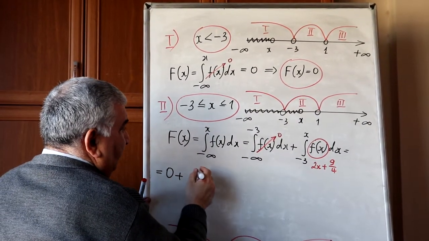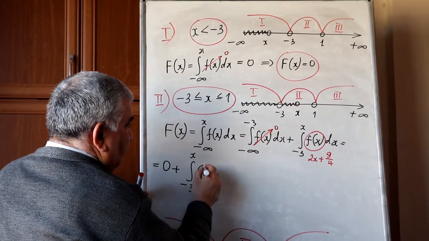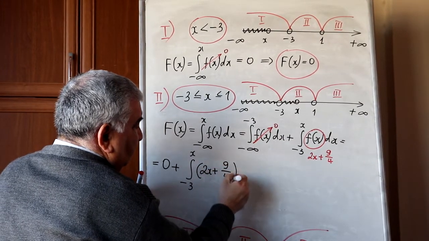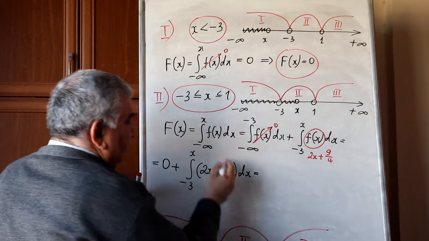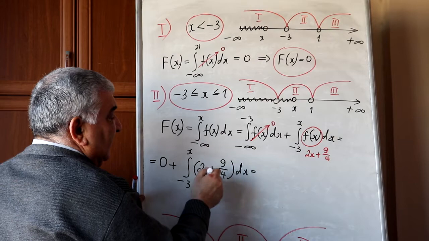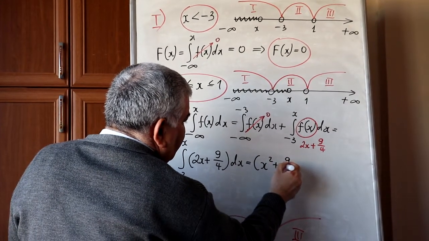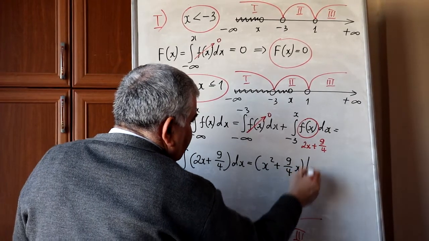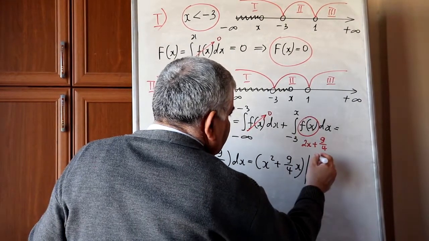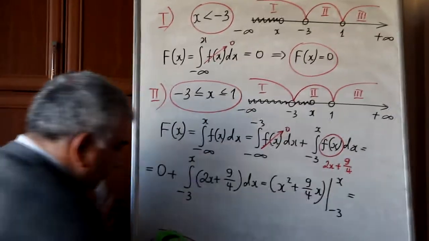Then rewrite this integral: 0 plus the integral from minus 3 to x of (2x plus 9/4) dx. Then remember that the antiderivative of this integrand is x squared plus 9/4 x, and write the double substitution from minus 3 to x.